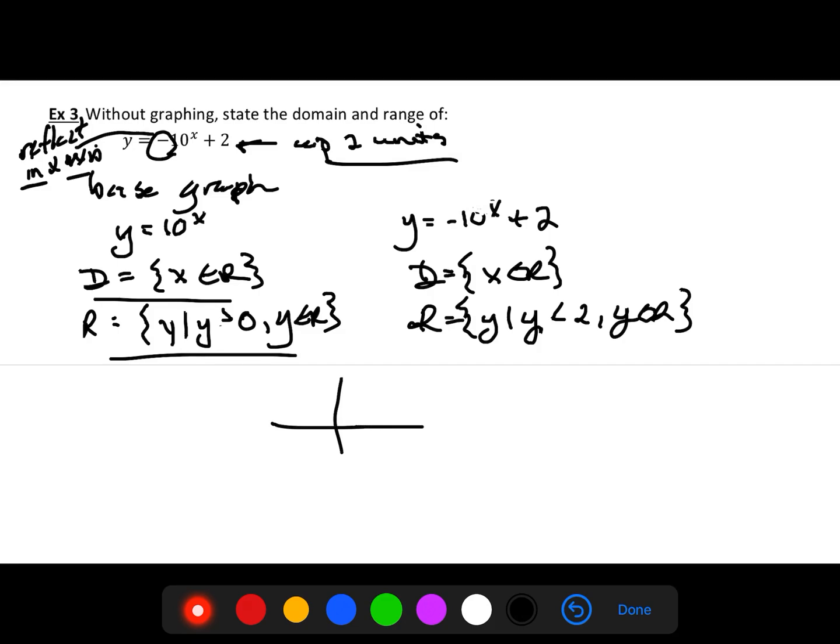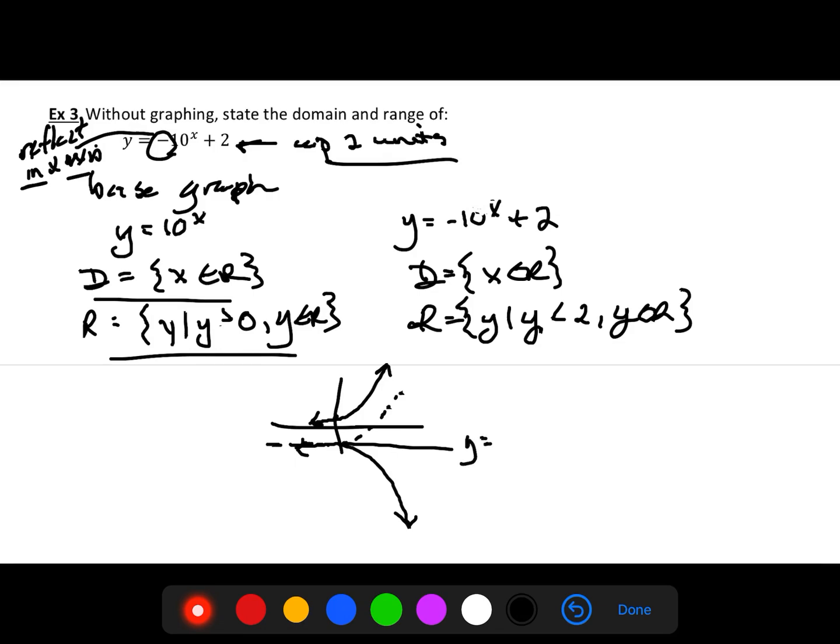and can be any real number. And if we just think quickly about it graphically, our graph of y equals 10 to the power of x would still have a y-intercept of 1, and it would go up from here. Well, our shifting up 2 makes it look like this, and then our reflection means that it has to go the other way.